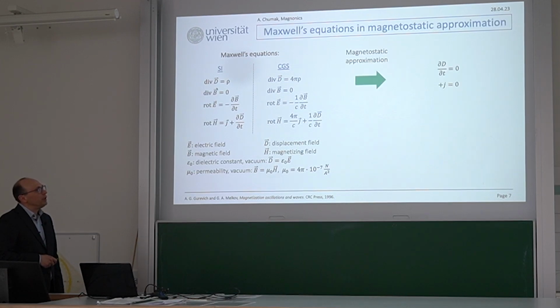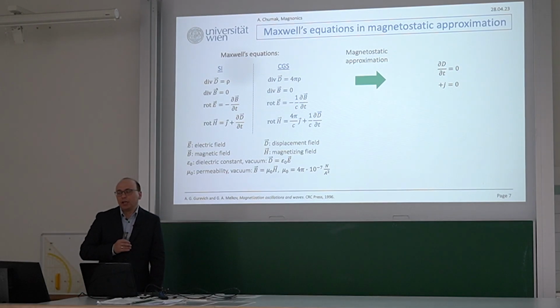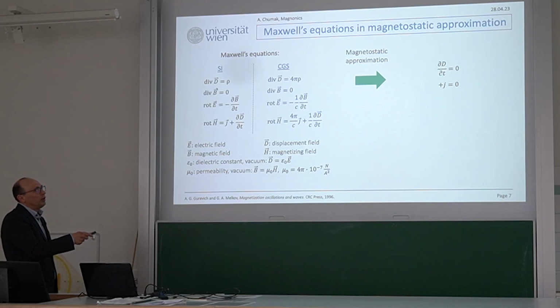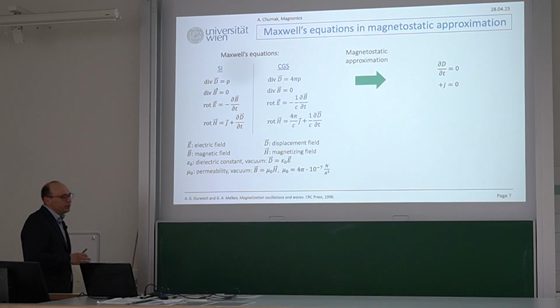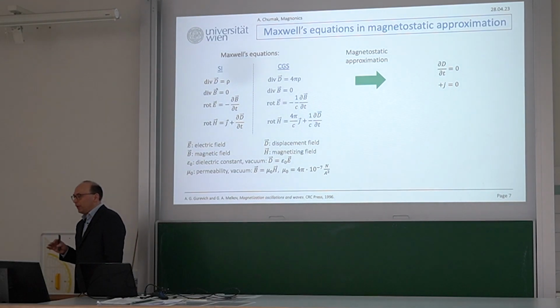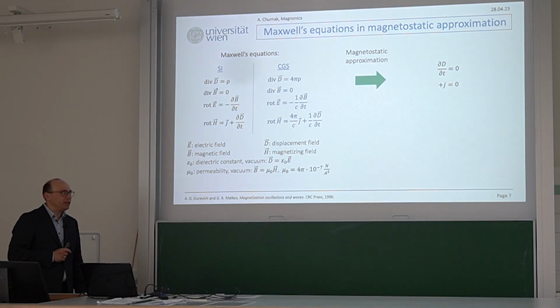And why is it important? Because in the case of the magnetostatic approximation, we can simplify it. The simplification is in principle this term, that dD over dt is equal to 0. So it means that this displacement field D varies very slowly compared to an electromagnetic wave.